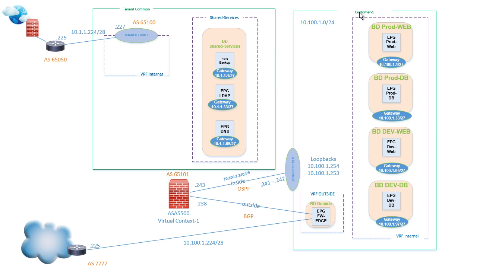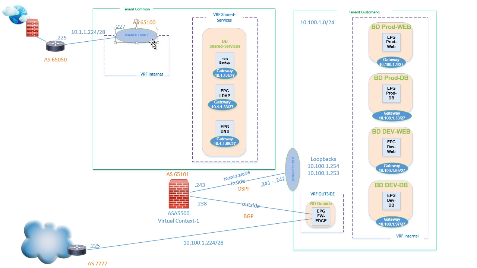Let me just update this diagram a little bit. We're going to be using this as our blueprint. Tenant common, tenant customer 1. We got VRF shared services here. We got VRF internet. We got VRF internal, VRF outside. We got our layer 3 ASA inside, layer 3 out.